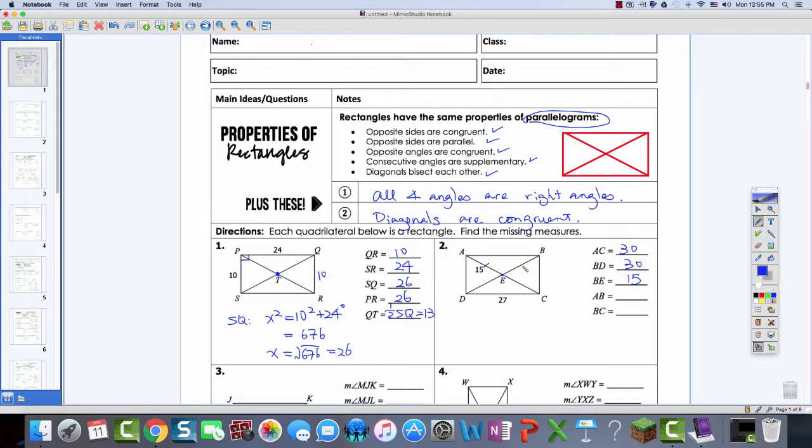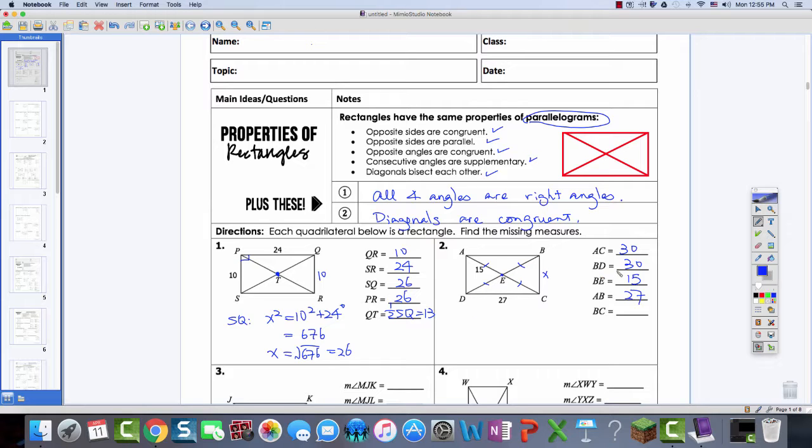Also notice that we've got an isosceles triangle there. In fact, we've got four isosceles triangles in the rectangle, right? Now AB has to be congruent to DC, so that would be 27. And here we go. We do not have BC. I'm going to call this X. However, I know one leg, and I also know the hypotenuse.